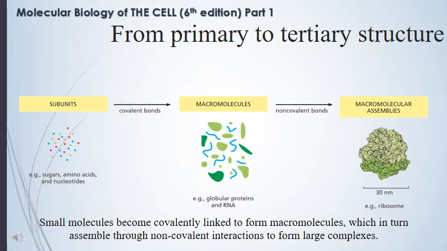For example, here we have sugars, amino acids, and nucleotides, which are polymerized into some globular proteins and some RNA, which are not combined together yet, so they're not functional. But then these molecules do aggregate due to these non-covalent interactions and form a functional complex, such as, in this case, a ribosome.